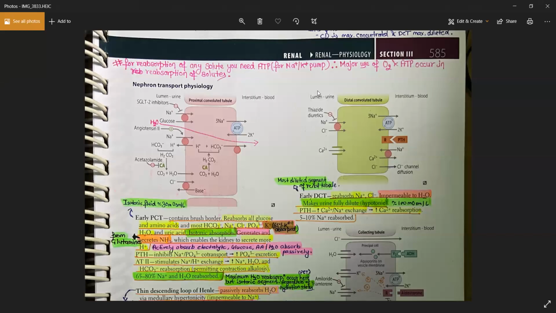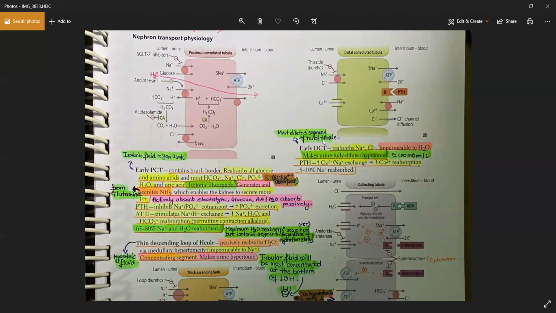Somehow the thiazide diuretics activate these calcium channels, so you will have more calcium absorption whenever you give the patient thiazides. Do note this fact also. Regardless of the water status, you will always have the least concentration of water in the DCT, because this portion is impermeable to water, right?